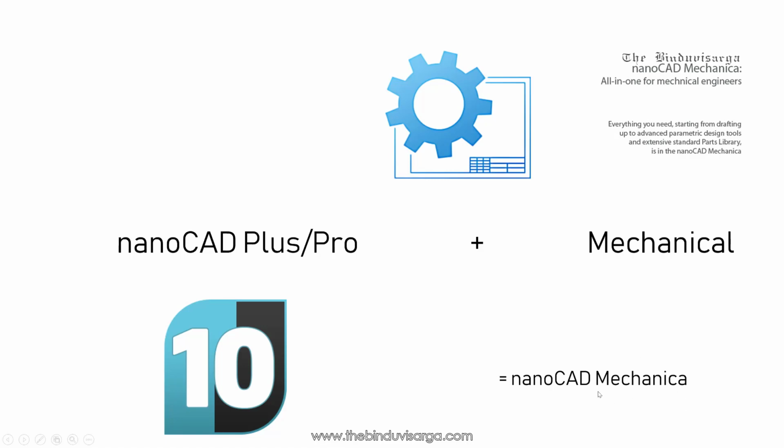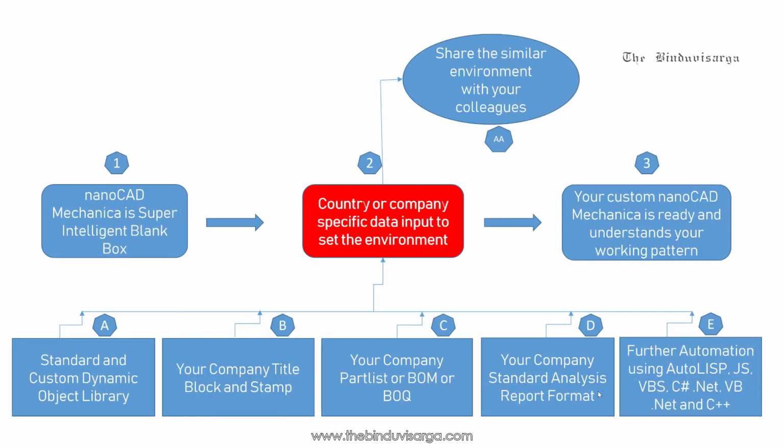So the application name is nanoCAD Mechanica, right? So this is the nomenclature of the entire application. If we really want to understand and dig deep into nanoCAD Mechanica, we have to understand this overview, this nomenclature of nanoCAD Mechanica.